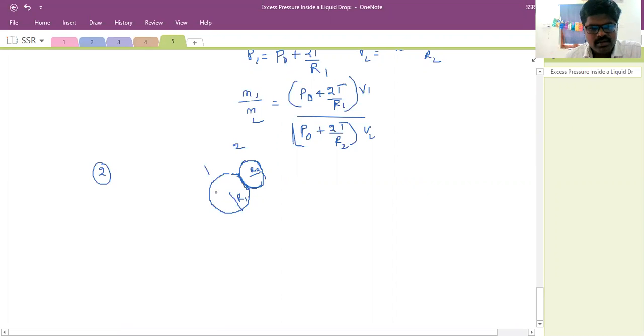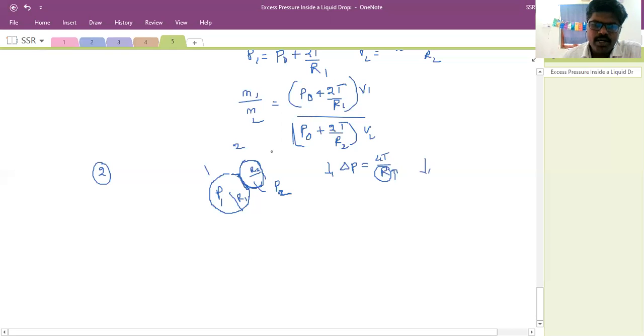Actually, the pressure inside bubble 1 is P1, and inside bubble 2 is P2. Normally I said the excess pressure delta P is equal to 4T by R. That means if the radius is high, the excess pressure is low. What does it mean? If the drop is larger, the pressure is low.